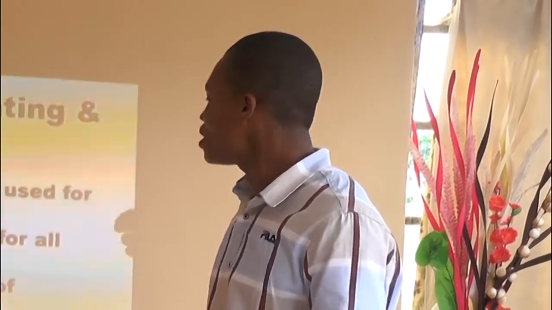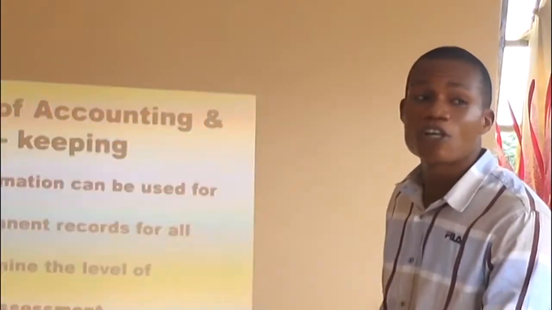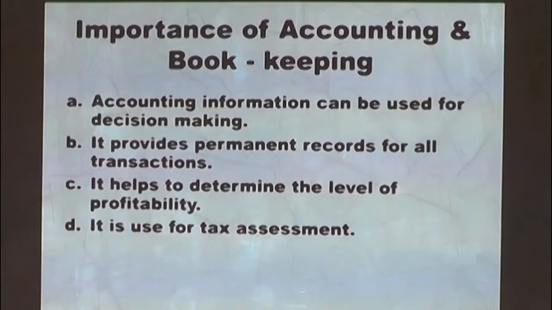How is that done? They will look at the business that you are running, tell you to file a return, bring the return, they will check and know the amount of profit that you have made throughout the year, and they will assess you based on the profit. Therefore, we say it is important for the government to use financial information to assess tax.